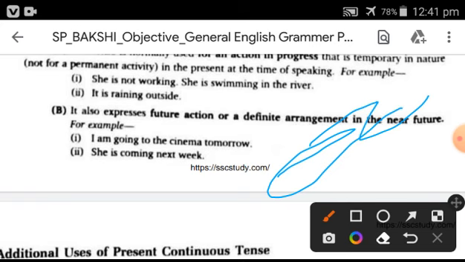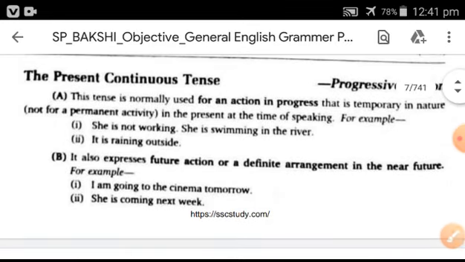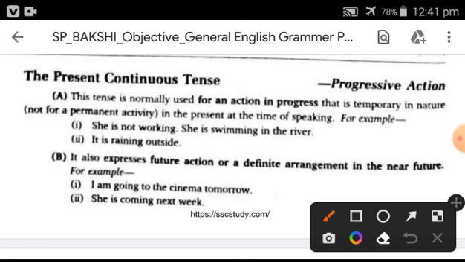Back to my point. What I was saying, my next topic is present continuous tense. Let us discuss it with the first definition, and we will move on to its example. This tense is normally used for an action in progress.